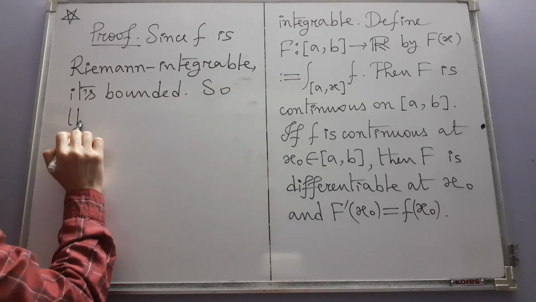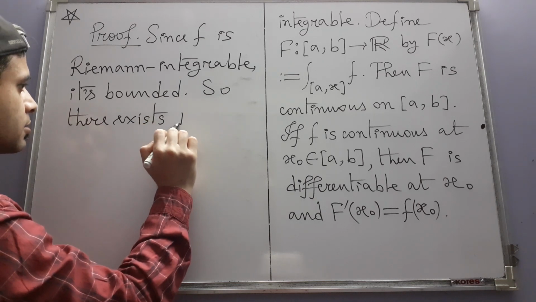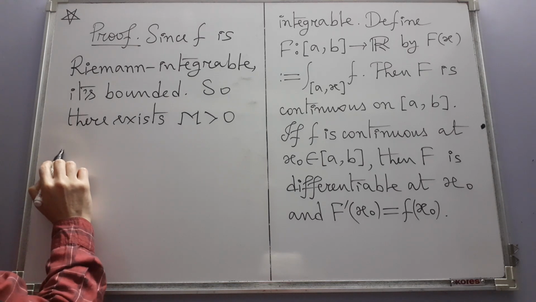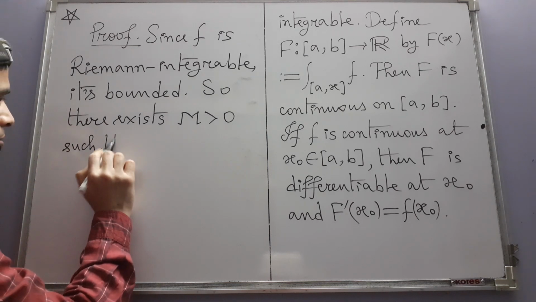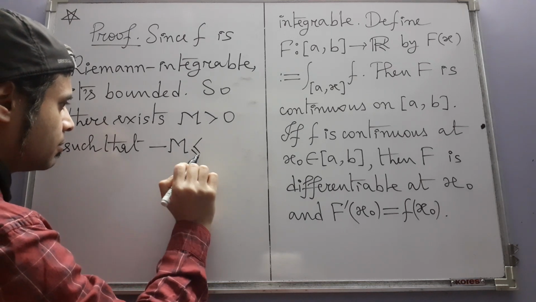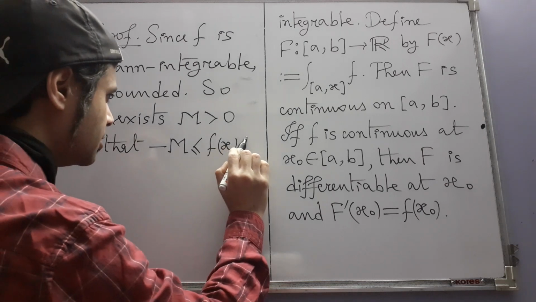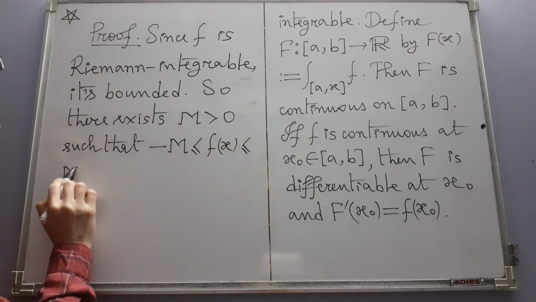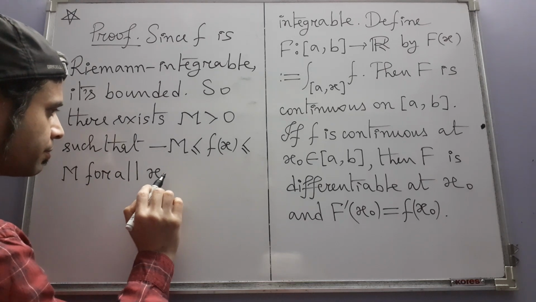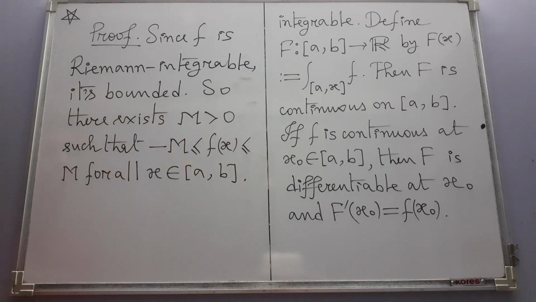So there exists a positive real number M such that minus M is less than or equal to f of x, which is less than or equal to M, for all x belonging to our interval.